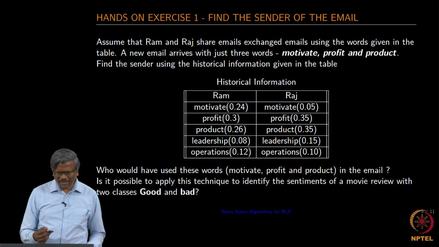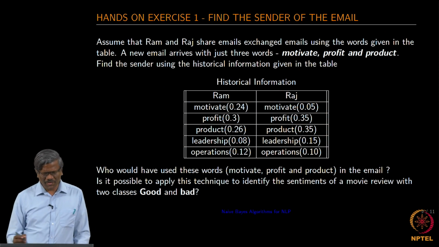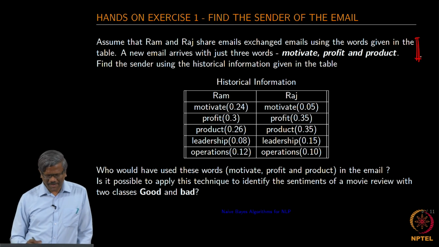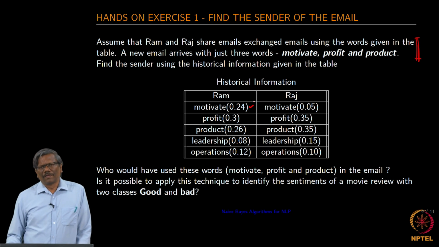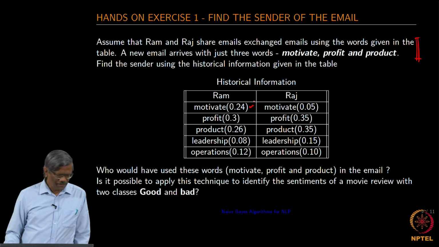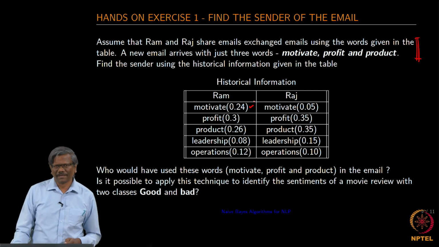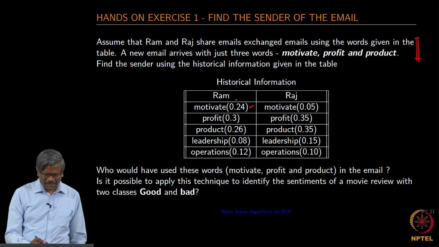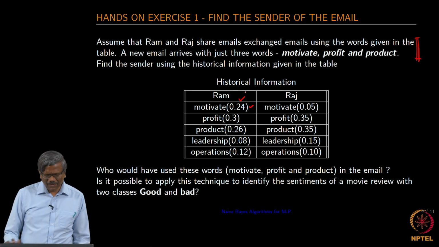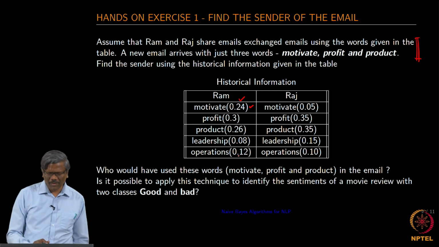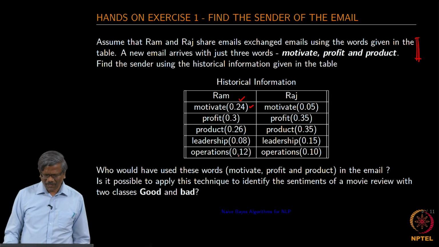So in this next slide, what I have shown is a problem. Okay, so for you, you may have to go and either solve it by hand or use some Python programming to solve this problem. And I have given the attribute values. So instead of you counting and computing all that, I have compressed and reduced the work for you. I have computed some values and provided them here, and this is the historical information that you may want to use. Again, there are only 2 classes. Okay.